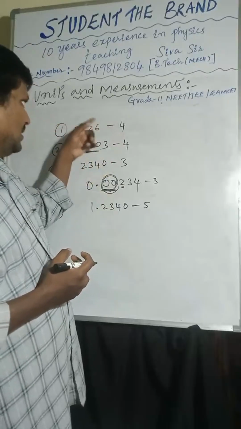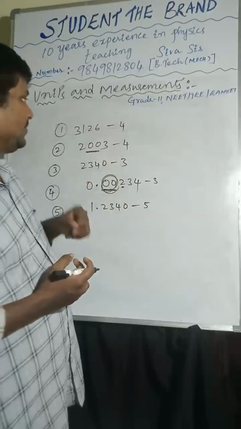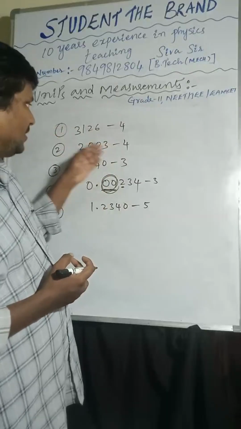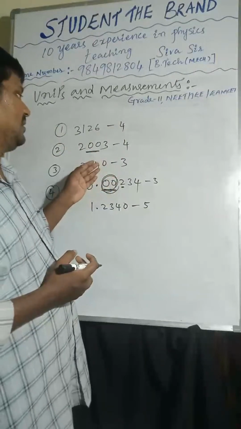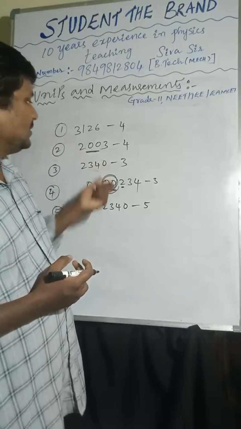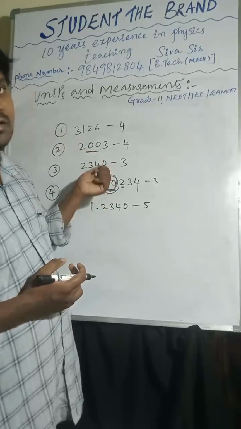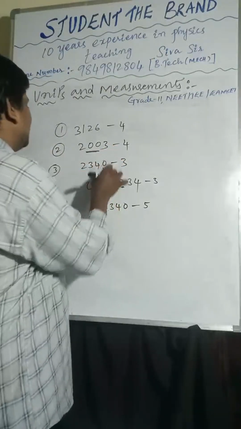All zeros occurring on the right side of the non-zero digits, this is not a significant figure.